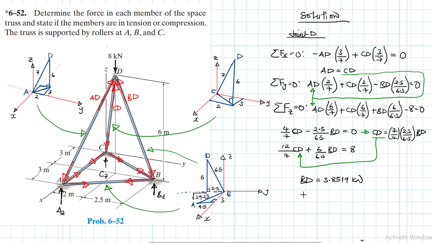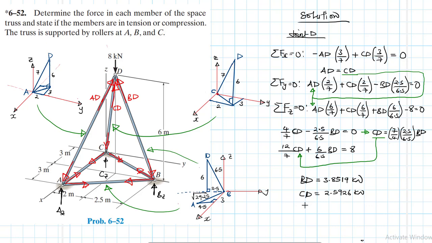So we have our BD, and therefore our CD is going to be equal to this 3.851851 times 7 divided by 4 times 2.5 divided by 6.5. So we have 2.5926 kilonewtons.